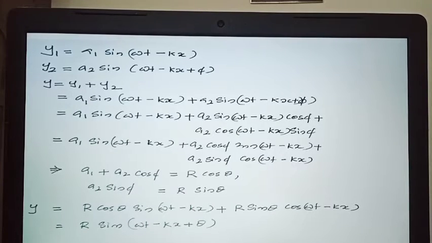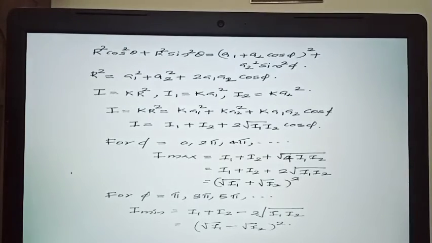Using trigonometric identities, a1 plus a2 cos phi is equal to r cos theta, and a2 sin phi is equal to r sin theta. Finally, r square is equal to a1 square plus a2 square plus 2 a1 a2 cos phi. Here r is the resultant amplitude, and a1 and a2 are the amplitudes of the individual waves.